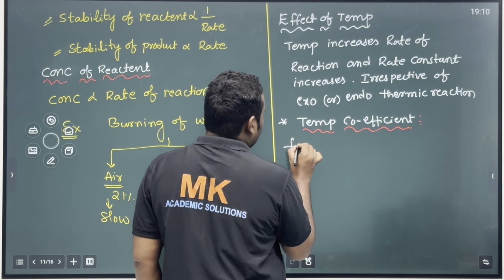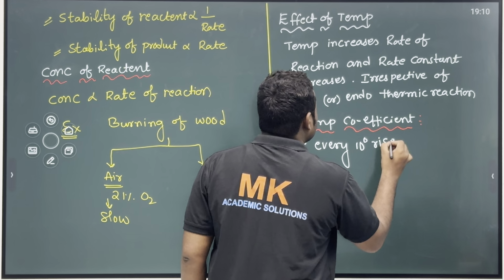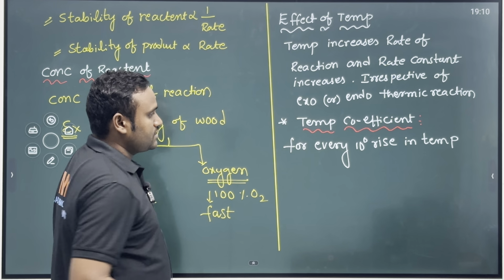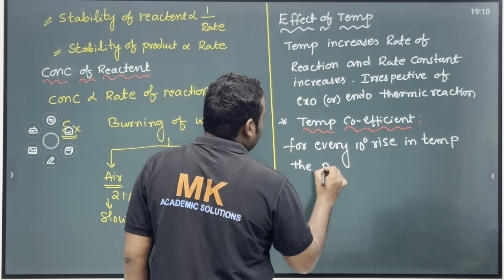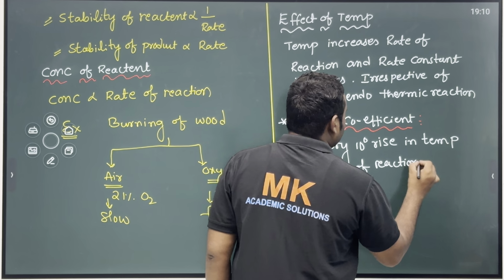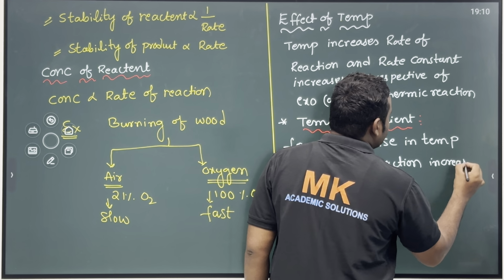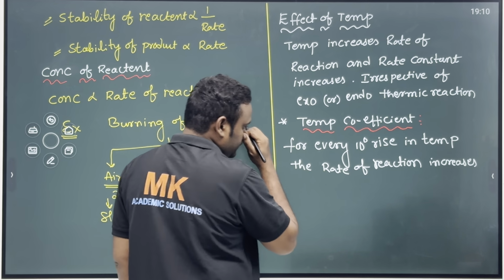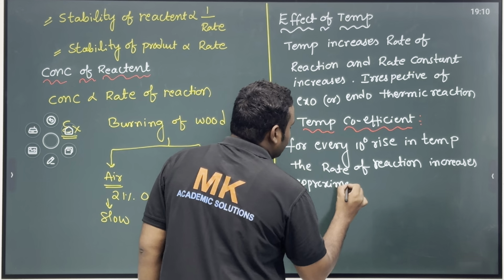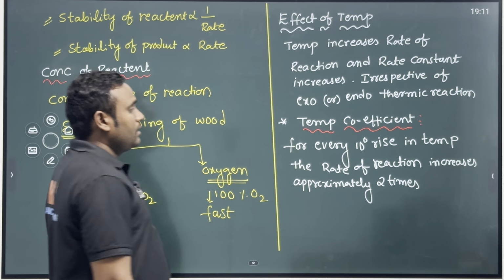For every 10 degree rise in temperature, the rate of reaction increases approximately 2 times. So this is known as what?